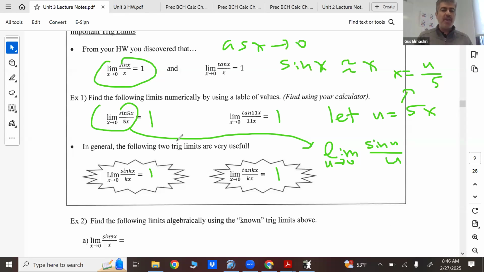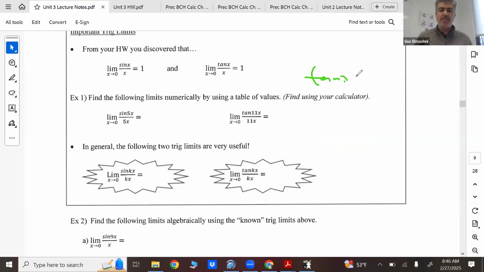So for tangent, why does tangent behave that same way? Because isn't tangent x just sine x over cos x? As an identity, we know this. And hence why we beat this into you guys for so many years, because we have to make use of this in calculus. So if you take a limit of tan x over x, isn't that just really the limit as x approaches 0 of sine x over cos x over x?